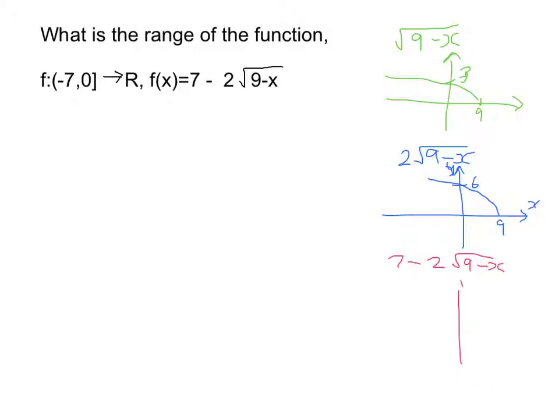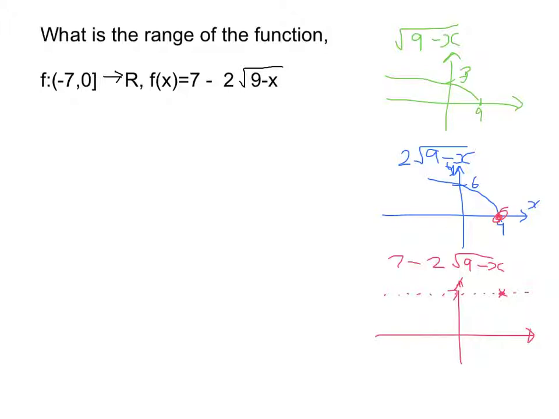So the graph will look something like, we'll have a point that it approaches at y is equal to 7. So this value here, where we had the previous x-intercept, the y value of that is 0. So 7 take away 0 is going to be 7. So we'll have a point up here at 7 where it starts.